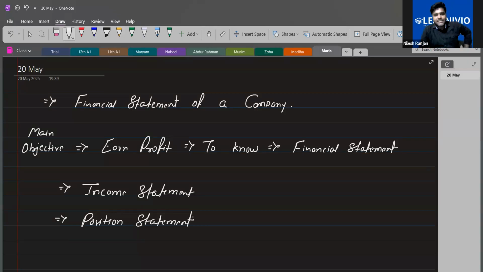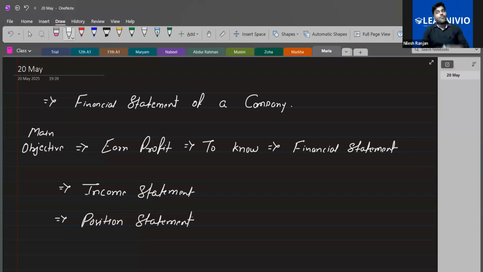After seeing the result, you know this is my marks or grades, and that is what I have performed in this particular year. So same as the student, a company wants to know about the profit, and income statement will tell us about the financial performance of a company for a particular period. That period can be 3 months, 6 months, or a year.